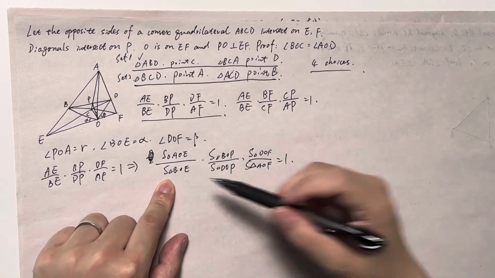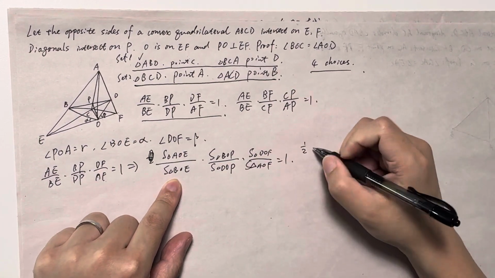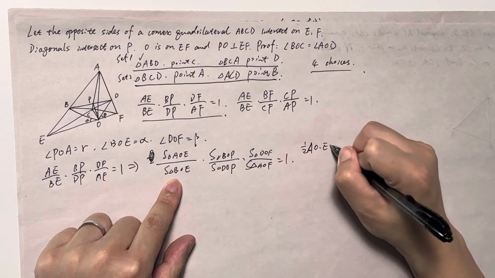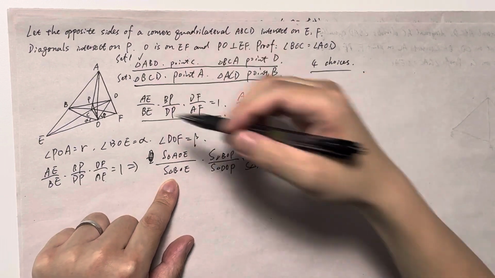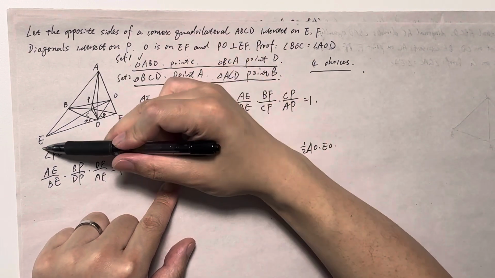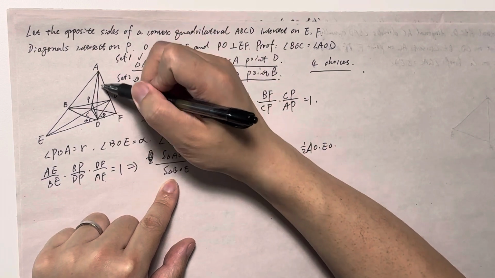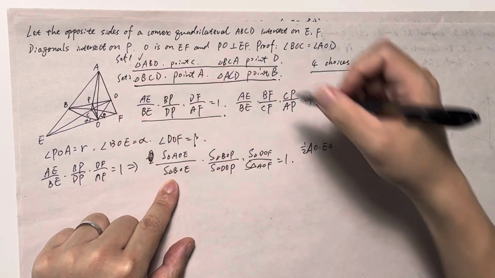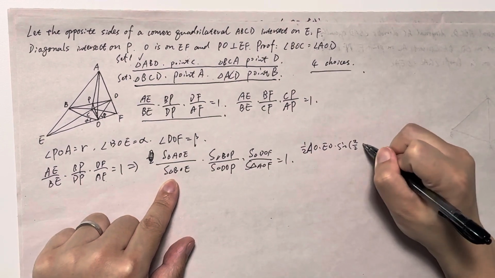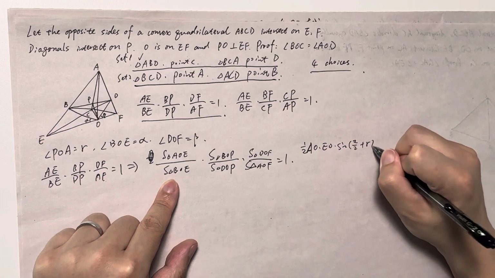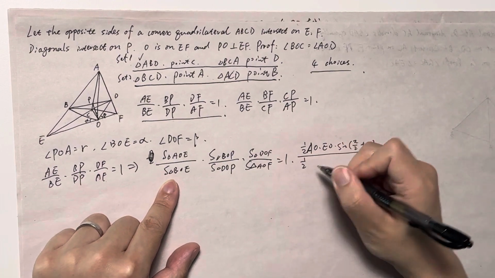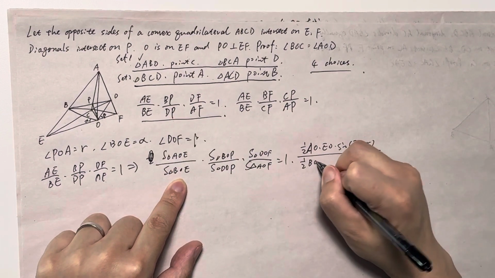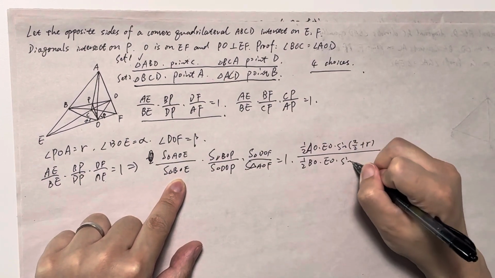So what is AOE? That's half AO EO sine angle AOE. As we said, angle AOE is 90 degrees plus gamma, right? So sine of pi by 2 plus gamma, divided by BOE, that's BO times EO times sine alpha.